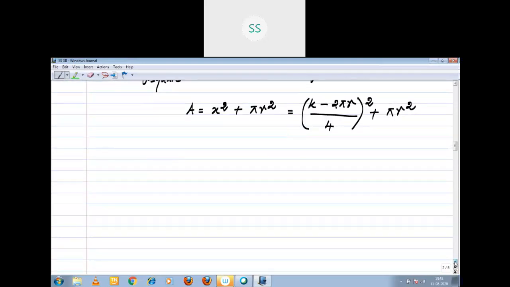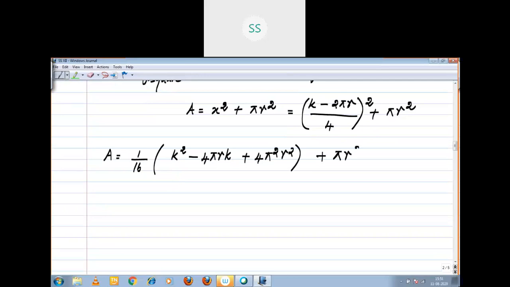A equals 1 by 16 into bracket k square minus 4 pi r k plus 4 pi square r square, plus pi r square.